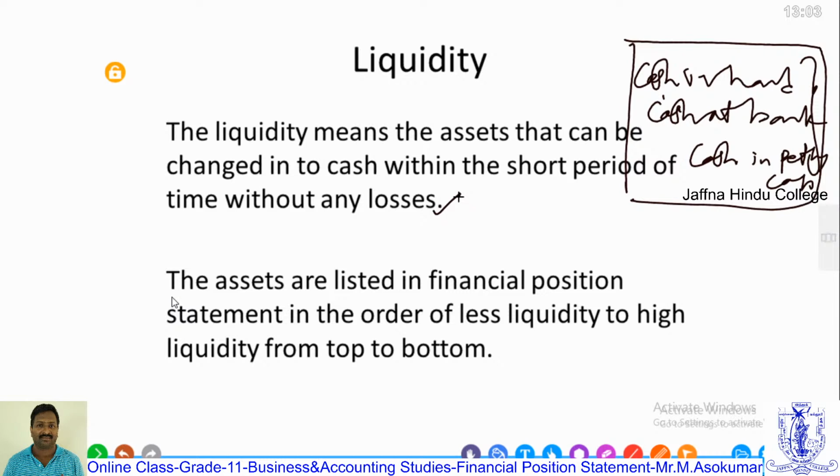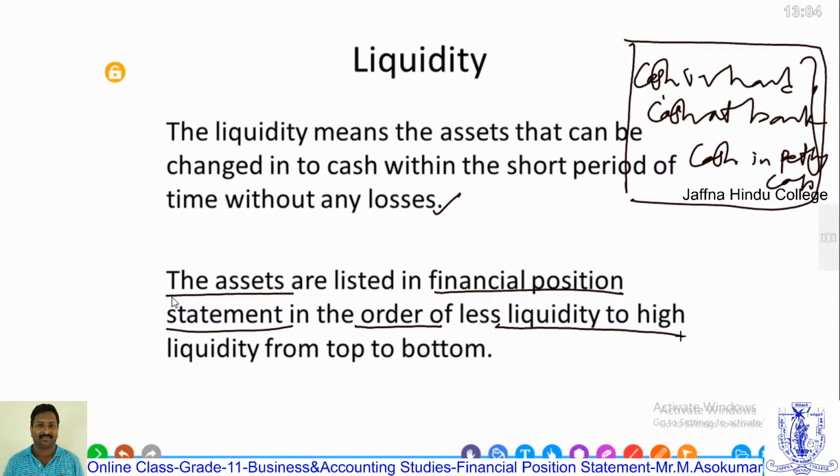These assets are listed in the financial position statement in the order of less liquidity to high liquidity, from top to bottom. The top of the statement lists the less liquid items down to the more liquid items.